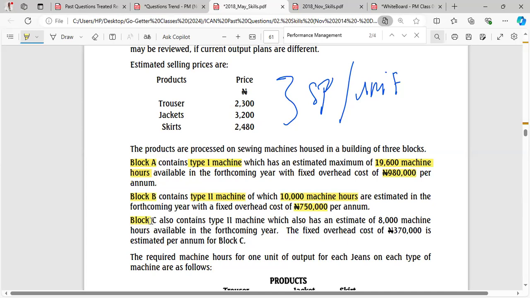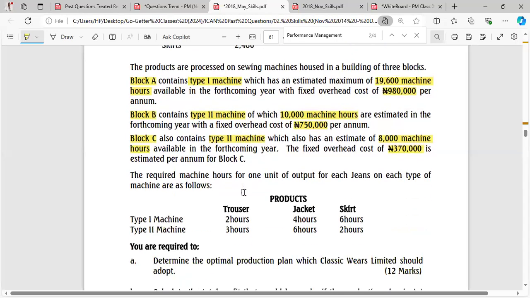Block C also contains type 2 machine, which has an estimate of 8,000 machine hours available in the forthcoming year. The fixed overhead cost of 370 is estimated for block C.